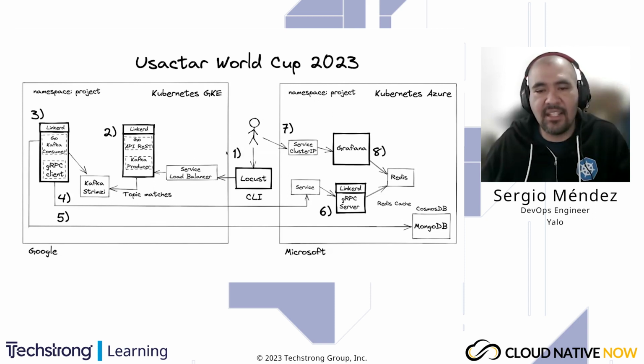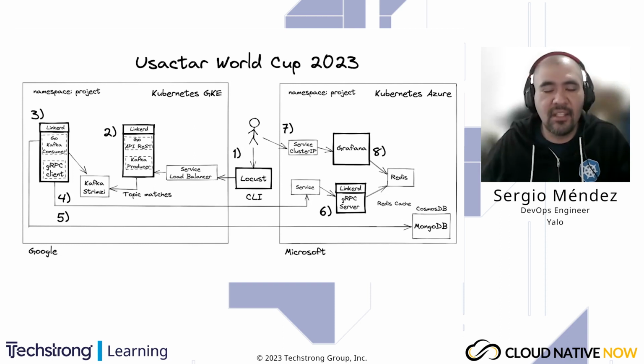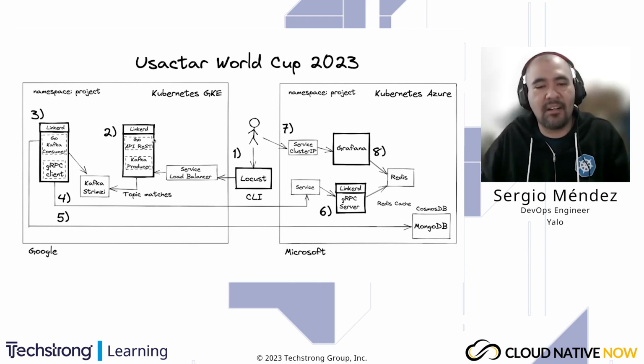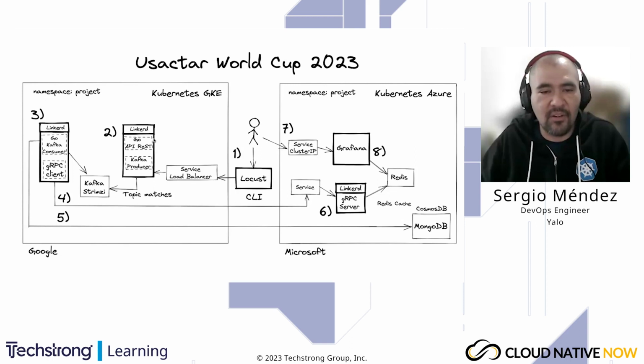Let's say that there is a user in step 1 performing some network traffic, or simulating that a lot of users are writing to the system. So Locust is going to create this load testing simulation, and it is going to be received by a load balancer in our Google cluster. This load balancer forwards the traffic to a REST API made using Go.